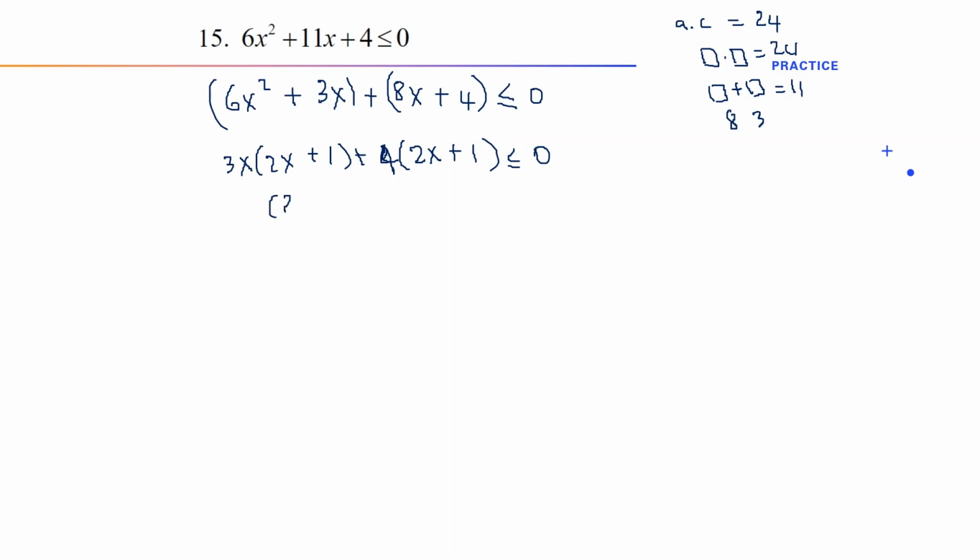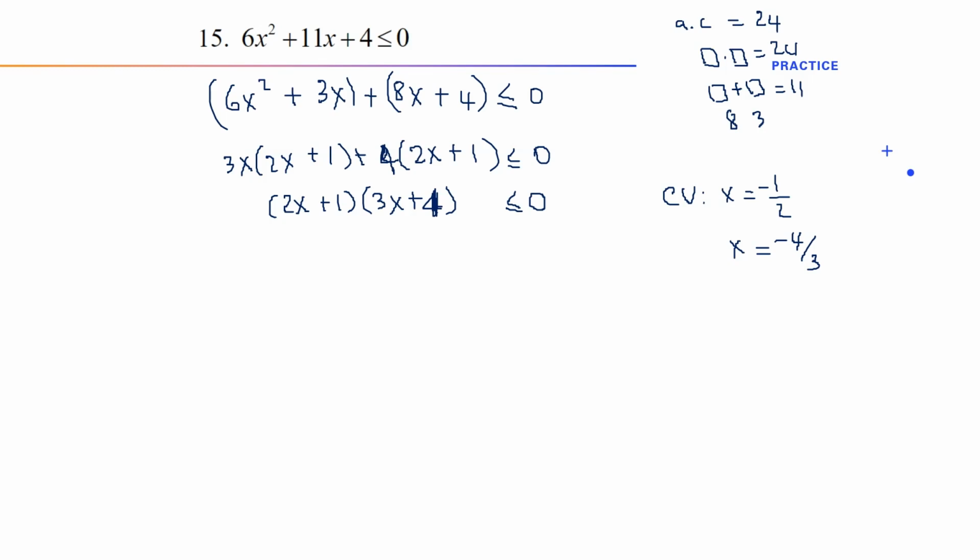Now we have the common factor 2x plus 1, left with 3x plus 4, less than or equal to 0. Now the critical values: we set each factor equal to 0, so x equals negative 1/2, and x equals negative 4/3.